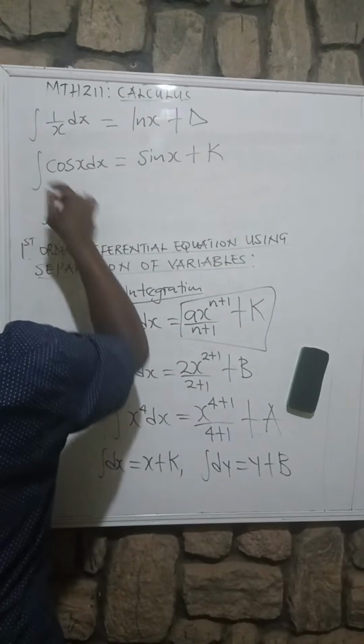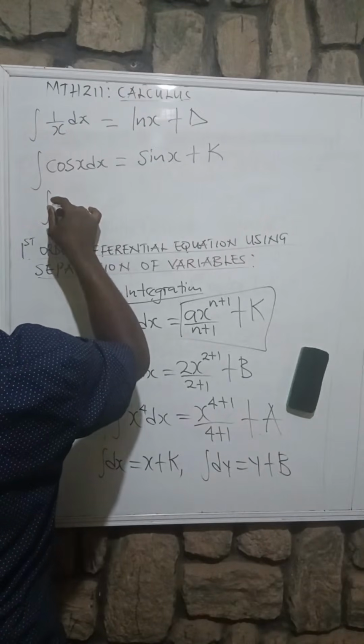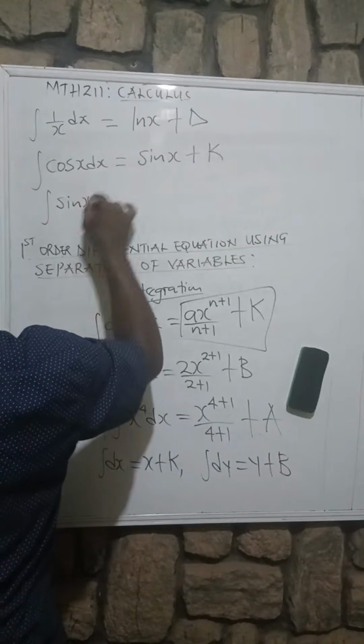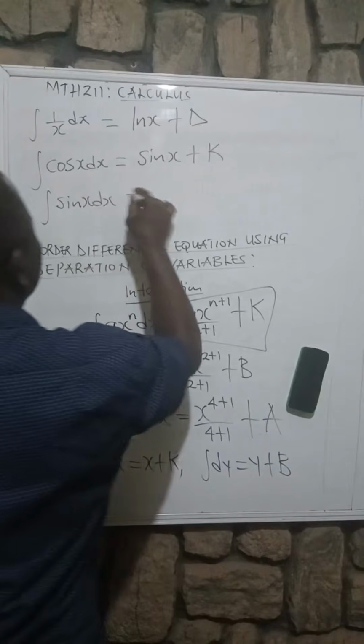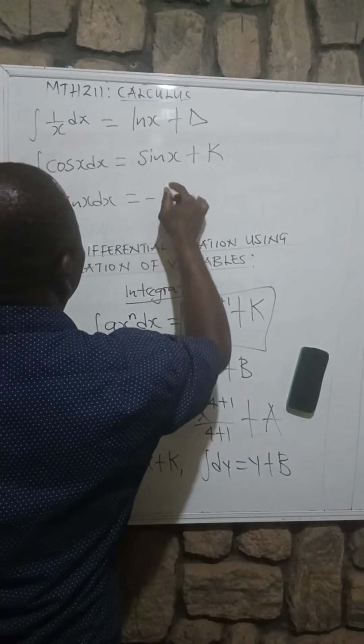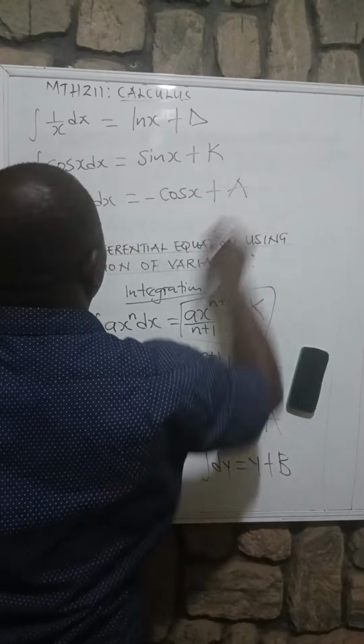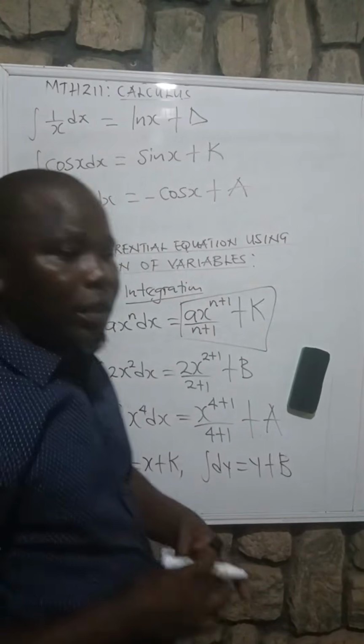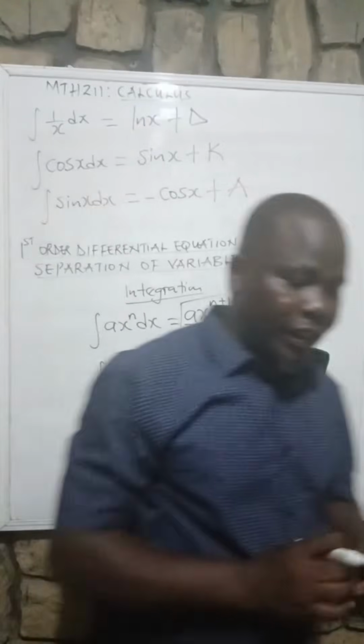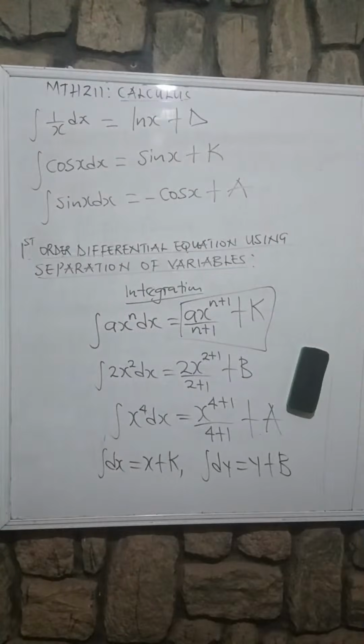Likewise, if you are asked to integrate sine x dx, you are going to have minus cos x plus any constant. Take note. We will make use of all these things. So take notes. Is that clear? Hope you are following.